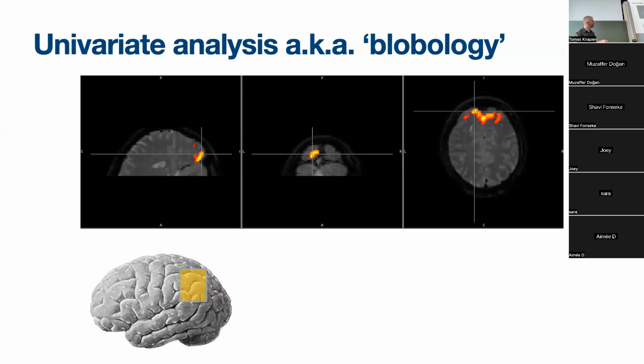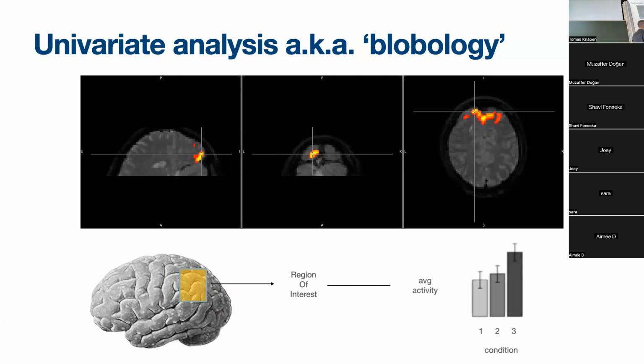We could take the voxels from a specific region of the brain. We can call that a region of interest, and then average the activity for different conditions, right? So this is one way in which you can say, I'm interested in this specific region of the brain, and I have more activation during the fearful condition than during the love condition, for example, right?